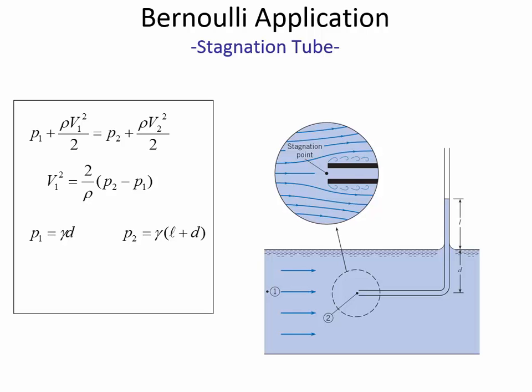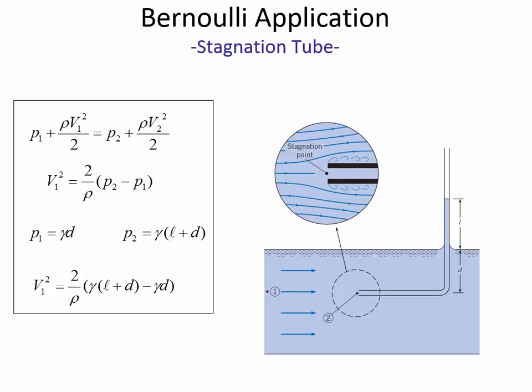So we're going to combine P1 and P2 into Bernoulli's equation. Both of these equations are hydrostatic, and we're putting the hydrostatic equation into an algebraically rearranged version of Bernoulli's. And this is what we end up with. And you notice we can actually simplify this a bit because we've got gamma times D positive and gamma times D negative.